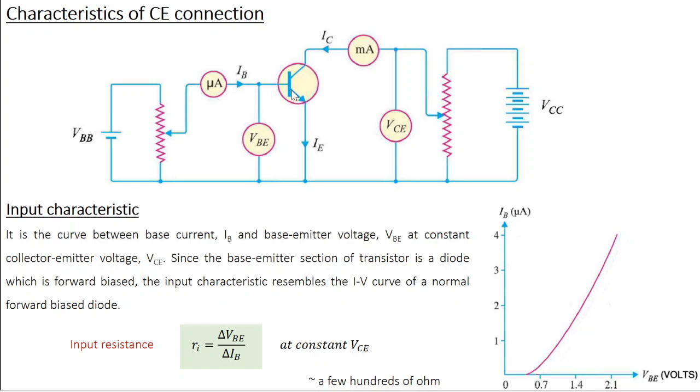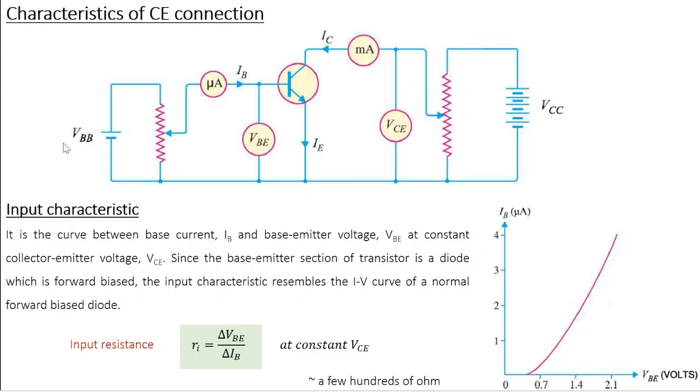So you have an NPN transistor here connected in the common emitter configuration. So VBB is the source voltage or the bias voltage at the base side. VCC is the source voltage at the collector side. Now for IV characteristic measurement, you need to vary the voltage, right? So for that we use a variable resistance or a rheostat here.